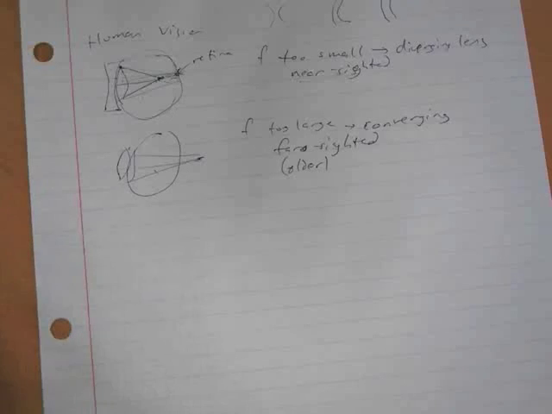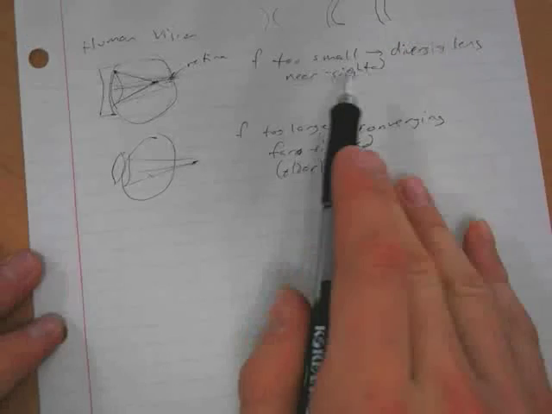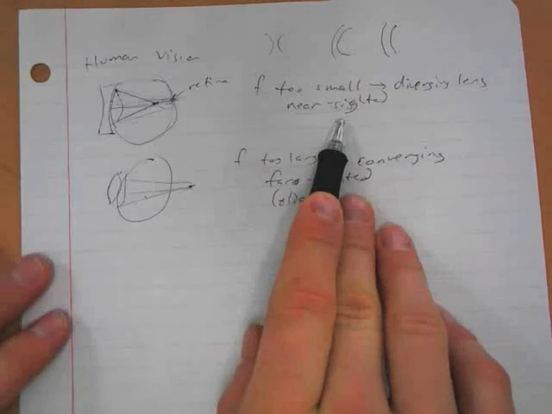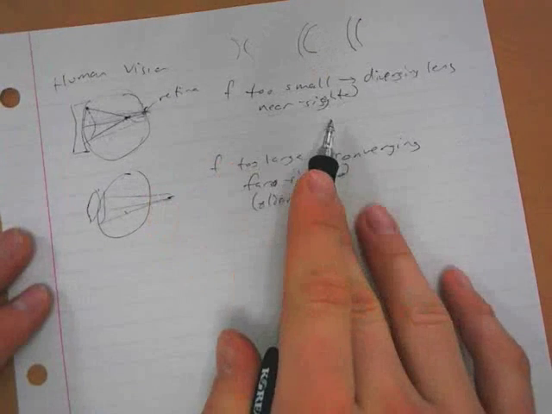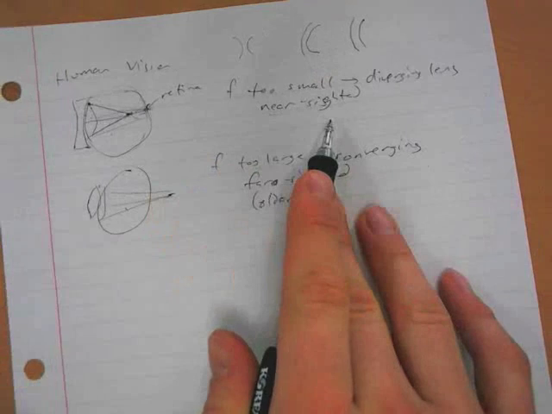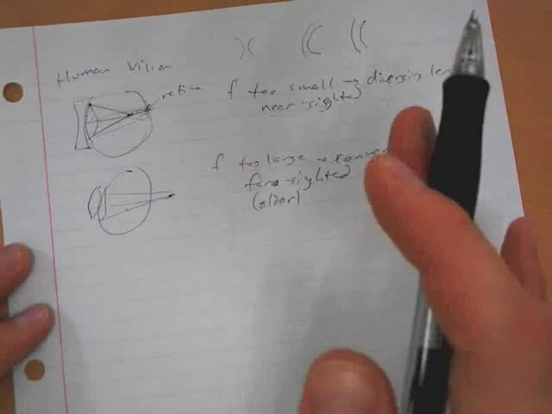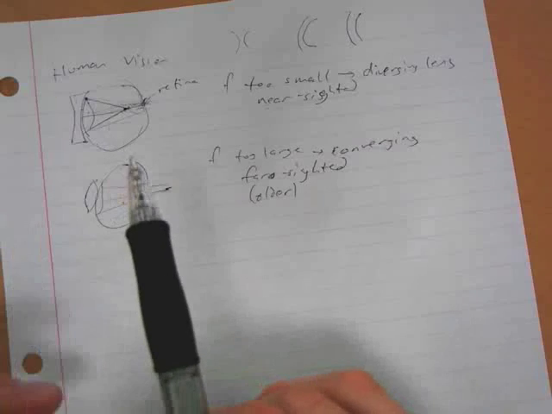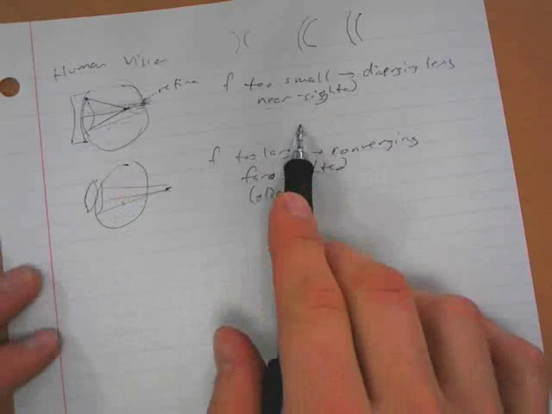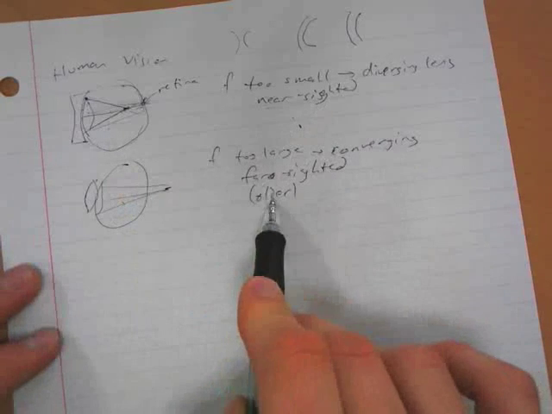So if you're nearsighted, then your lens doesn't adjust enough. You need a lens with a longer focal length to focus rays coming in from far away, and so your lens doesn't stretch out enough if you're nearsighted, and it doesn't compress enough if you're farsighted.